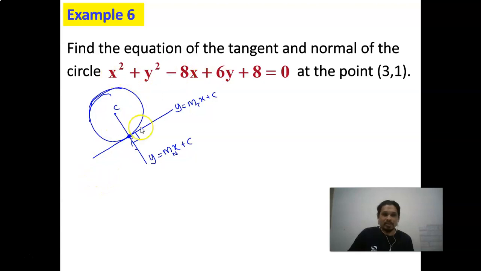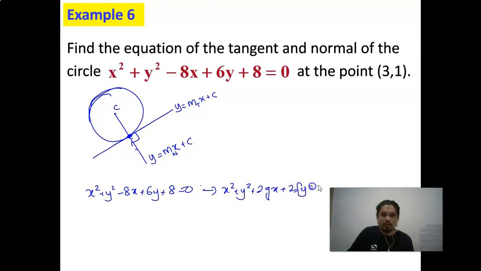We compare x squared plus y squared minus 8x plus 6y plus 8 equal to 0 with x squared plus y squared plus 2gx plus 2fy plus c equal to 0.